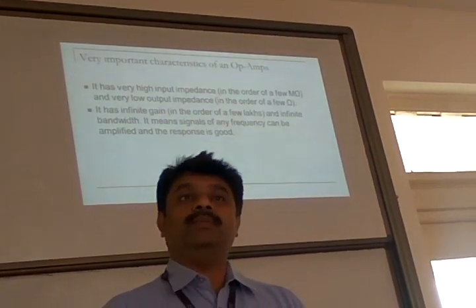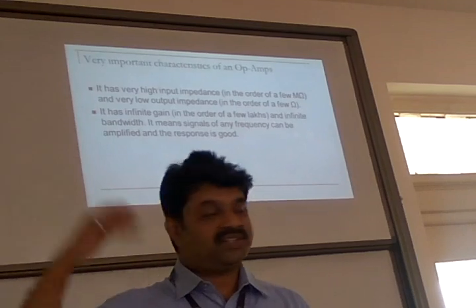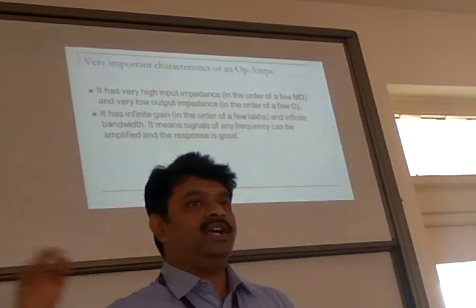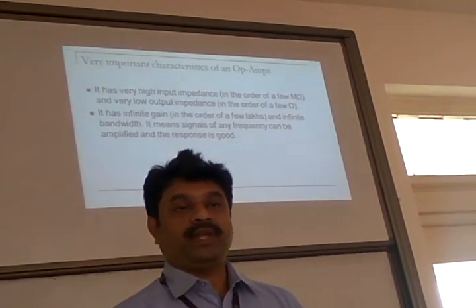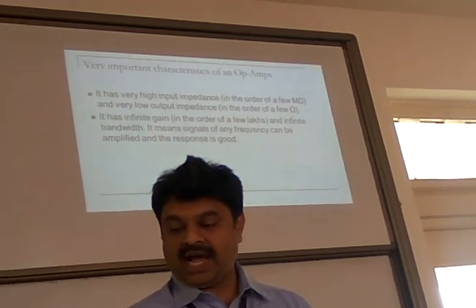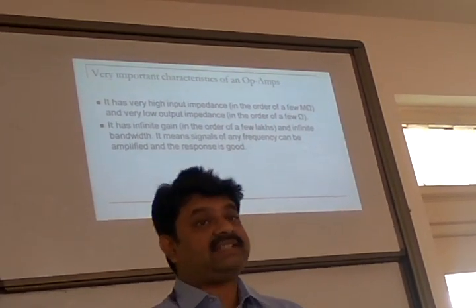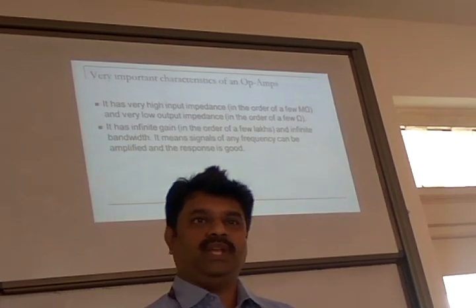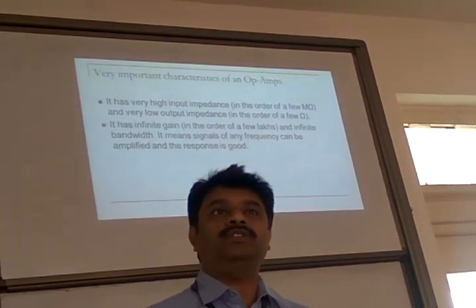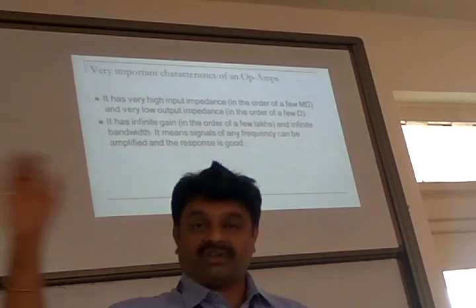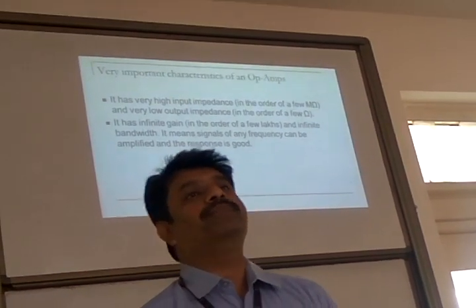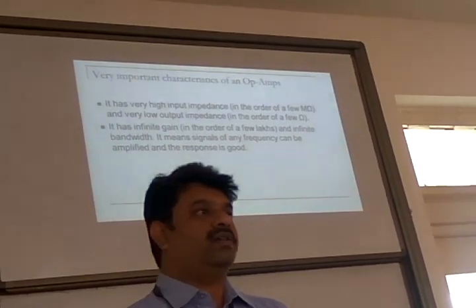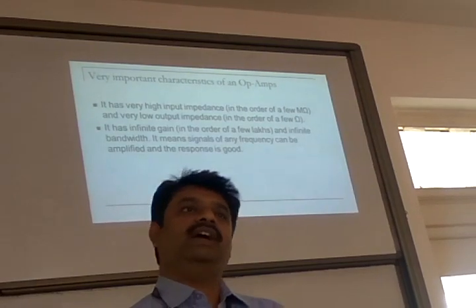The amplifier should be able to provide any amount of current without shortage. That means the amplifier should have very low output impedance. Input impedance should be high, output impedance should be low. Any amount of current it should be able to supply.